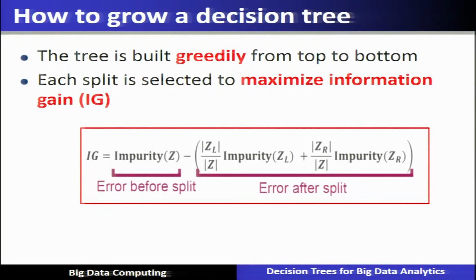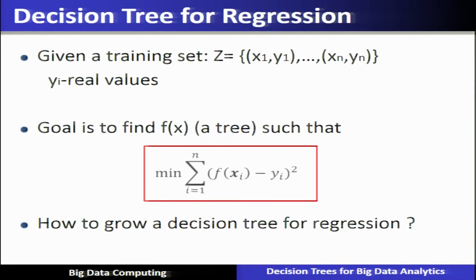Now let us see how to build this particular decision tree. The tree is built greedily from top to bottom, and each split is selected to maximize the information gain. What we have seen in the previous example is that after the split the gain is positive, so we maximize the gain, hence we are going to split in this particular case.